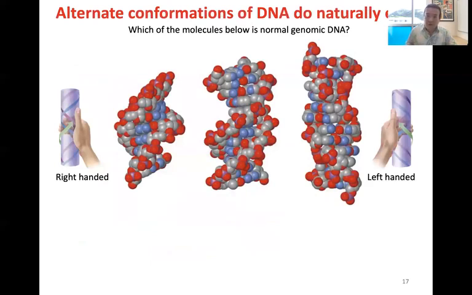So there are alternate conformations of DNA, because keep in mind that the three-dimensional structure of DNA is not only dependent upon the bond angles of the nucleotides being added together because of the phosphodiester bond, the two sides of the ladder, but this thing is always surrounded by water.